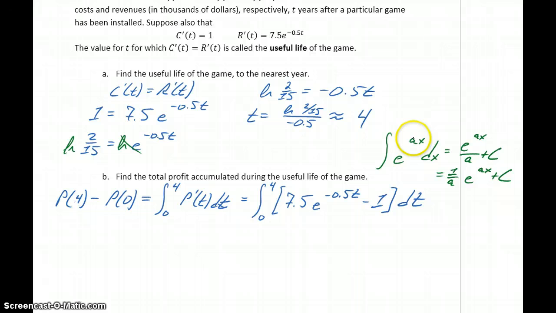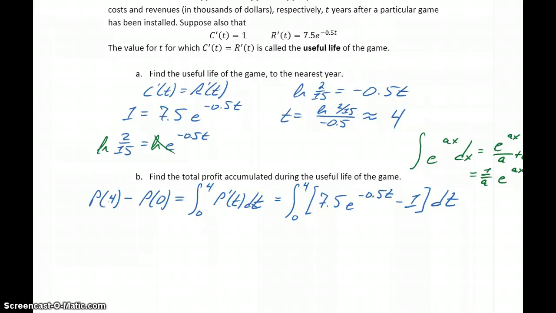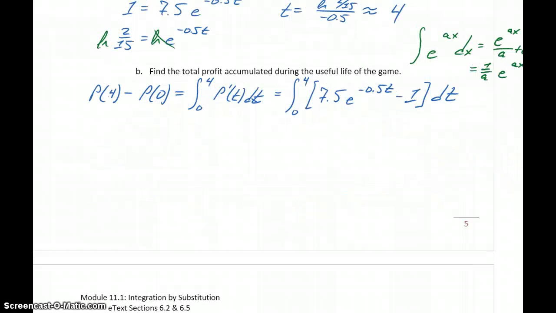The integral of e to the 2x, 5x, whatever number is being multiplied by x, is the same as 1 over that number times e to the ax. So we'll take advantage of that here. 7.5 e to the negative 0.5t will become 7.5 over negative 0.5 e to the negative 0.5t.